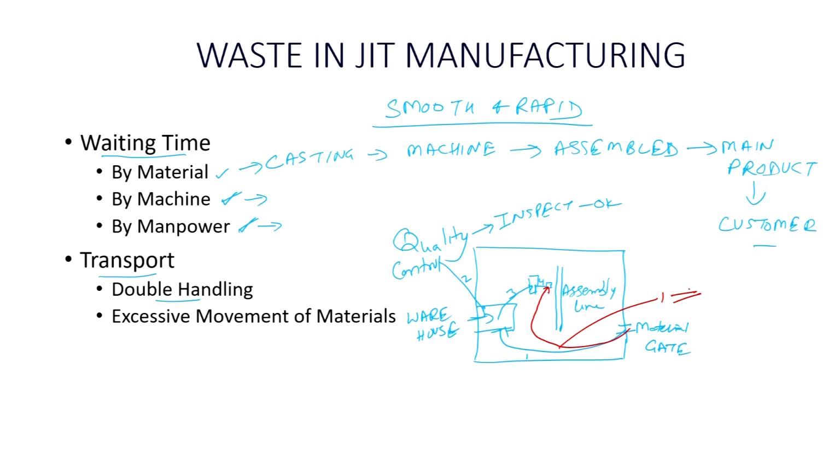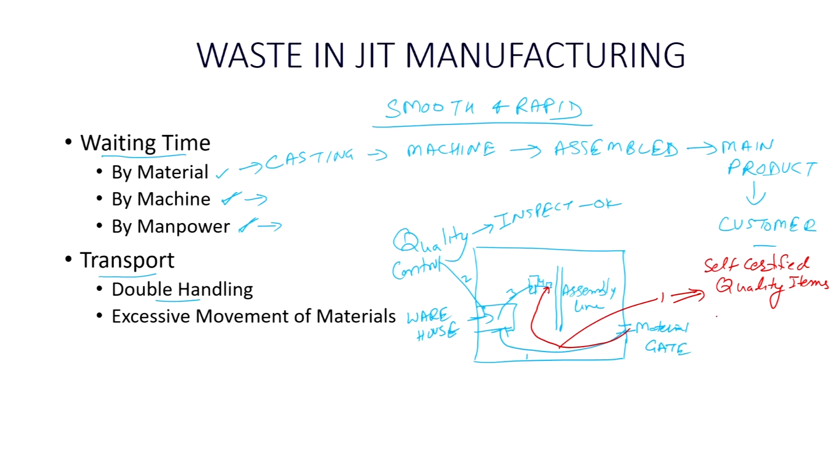But for this movement to be successful, to be implemented, what is required? There should not be any quality problem. The supplier is supplying you self certified or vendor certified items. That means the vendor is taking the responsibility that I have checked and I am responsible if there is any problem with my item.